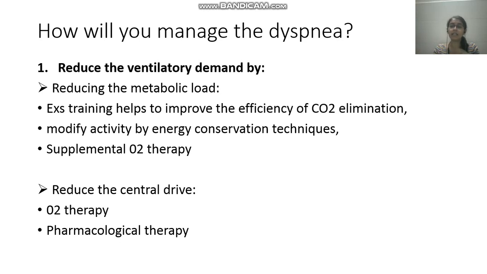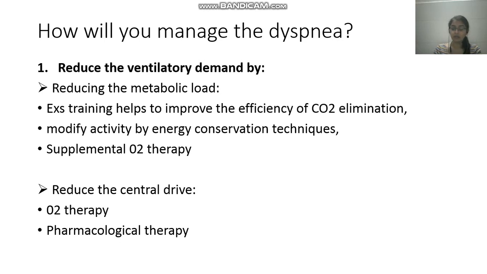You all know that if you hyperventilate voluntarily, you will always have a small period of apnea, that is because of central pneumotaxic center activation, which is involuntary.